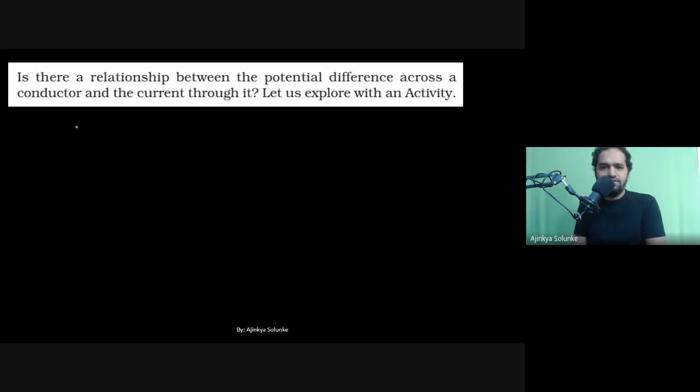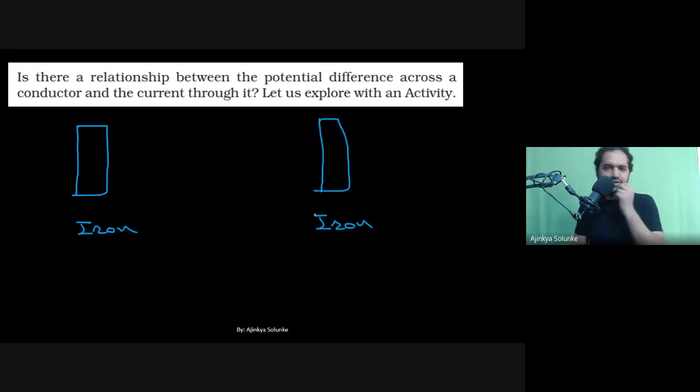Tell me one thing. Suppose I have taken this wire of iron, and this piece is again of iron, correct? Let us consider the length of this wire is 2 meters and the length of this wire is 1 meter. Here the length is 1 meter, and here the length is 2 meters, right?